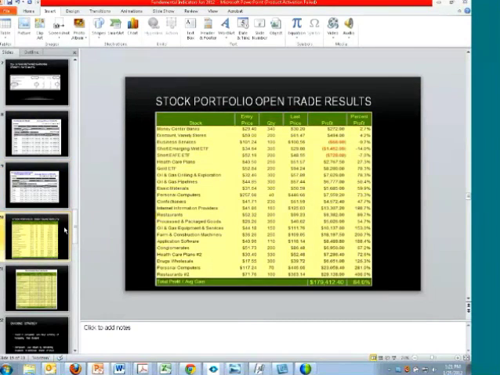I used the fundamental and technical indicators to select these stocks. And here's a snapshot of our stock portfolio from yesterday, and you can see we had $179,000 open trade profits and average return of 84%.